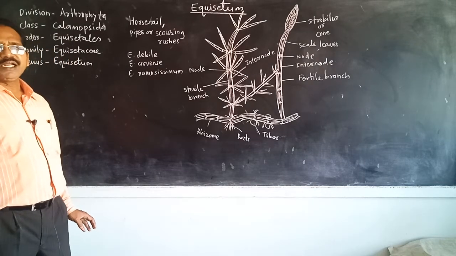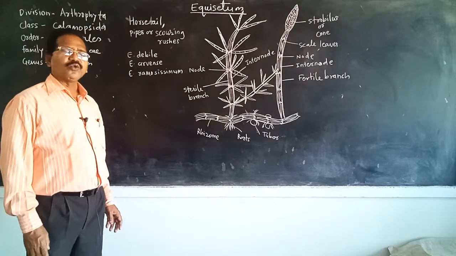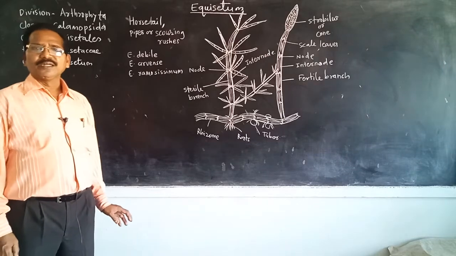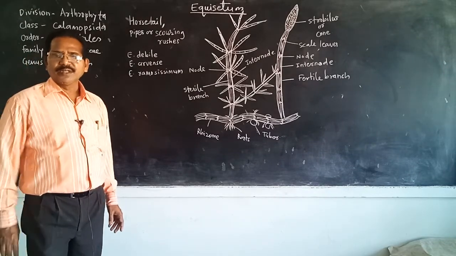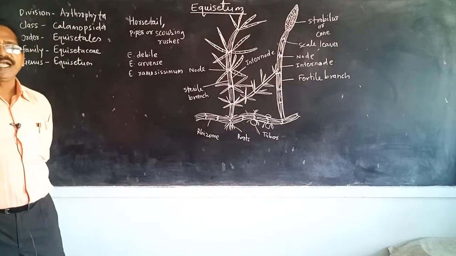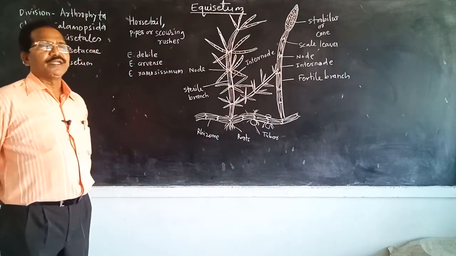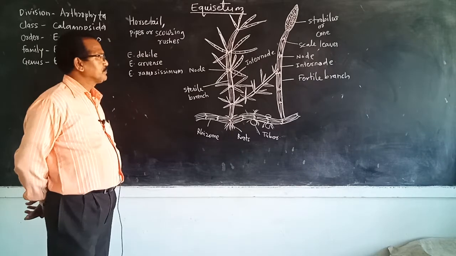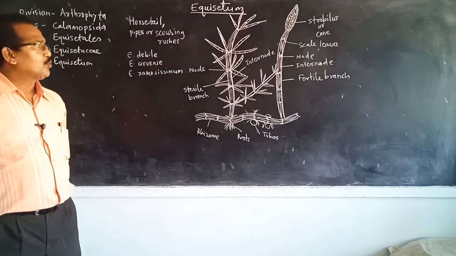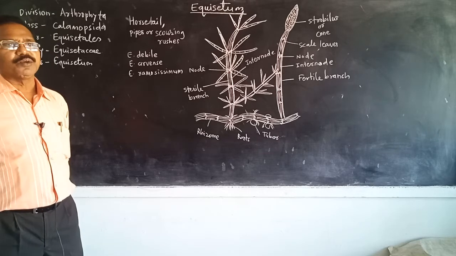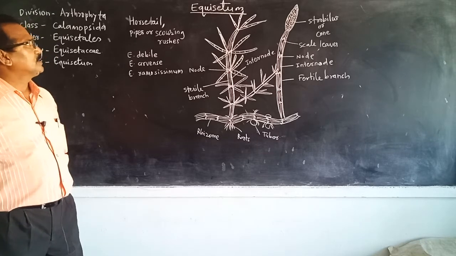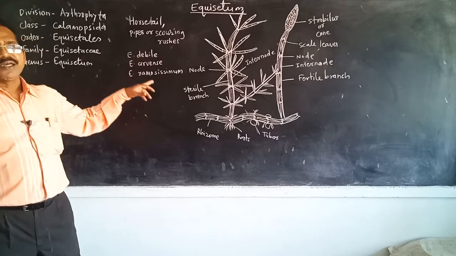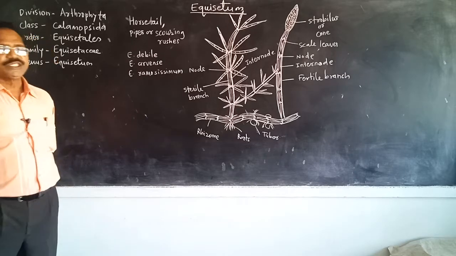Some species grow in temperate regions, some in tropical regions, along damp and shady places, sandy rivers, ponds and ditches, some in marshy and damp places, while some grow in open areas. Species found in India include Equisetum debile, Equisetum arvense and Equisetum ramosissimum.